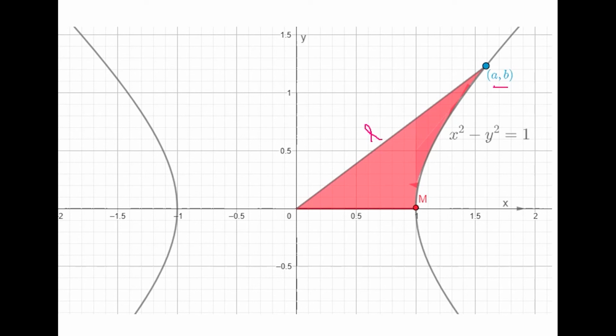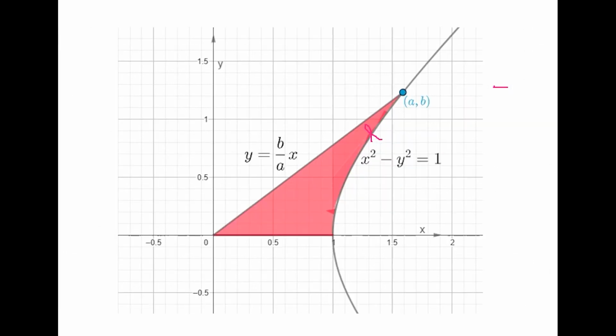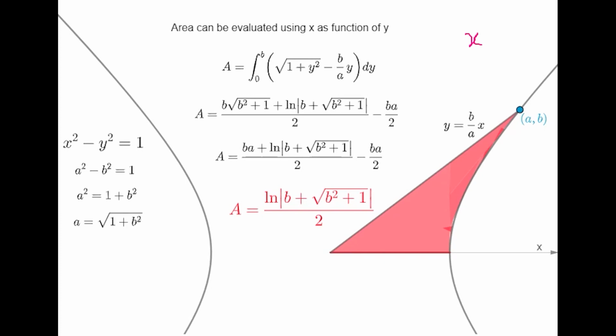So compute the equation of the line. Line passes through the origin and through point (a, b), thus it has slope b over a, and thus its equation will be y is equal to b over a times x. So now let's integrate by using x as a function of y. So the area integral gets this shape.